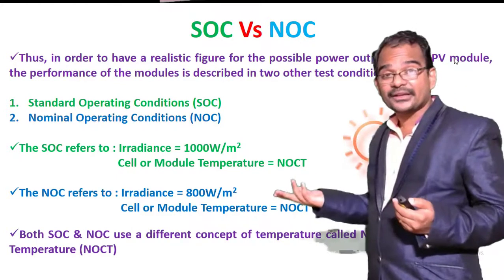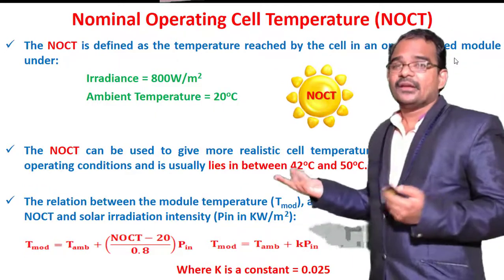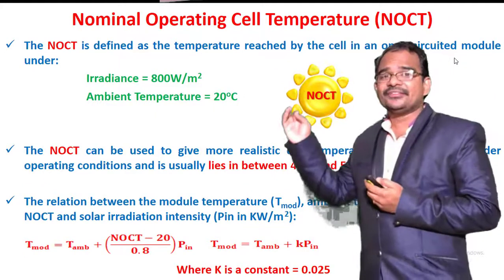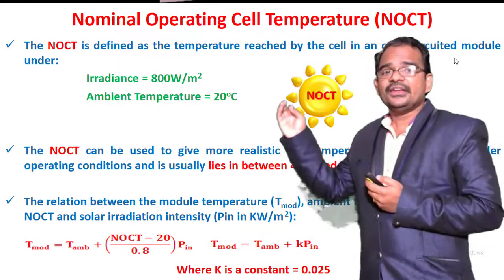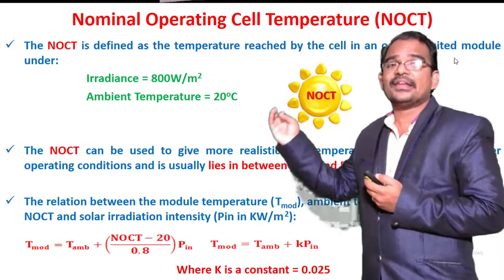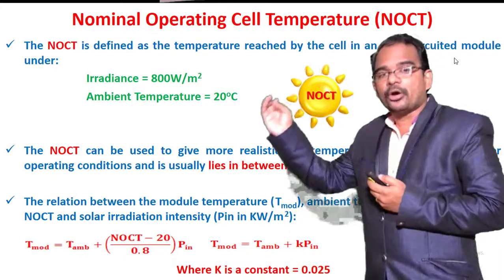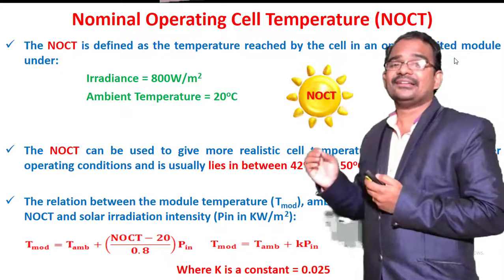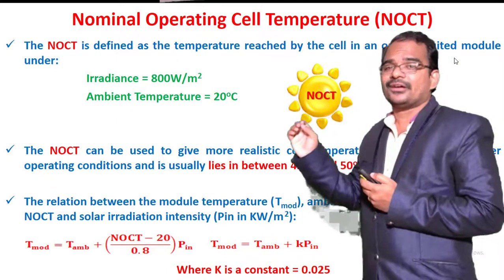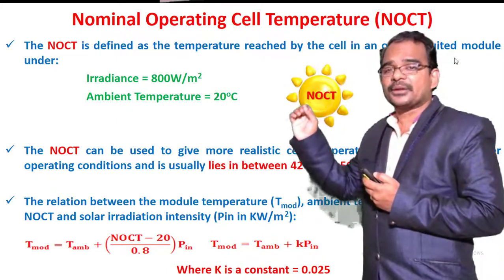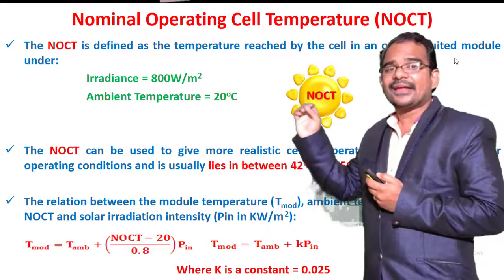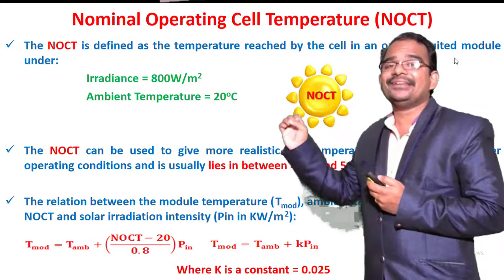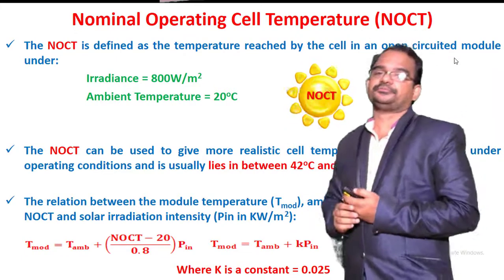What is this normal operating cell temperature? See, the NOCT is defined as a temperature reached by the solar cell in an open circuited module under the conditions of 800 watt per meter square irradiance and ambient temperature of 20 degrees centigrade.